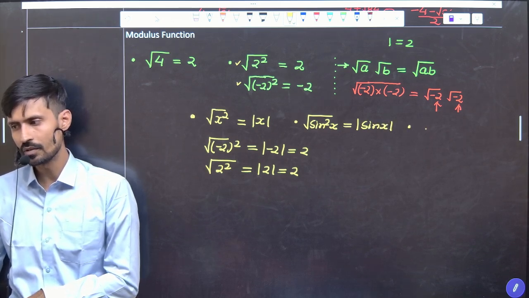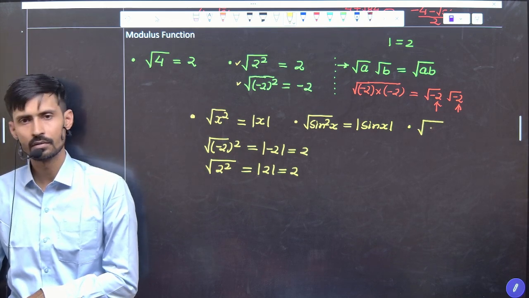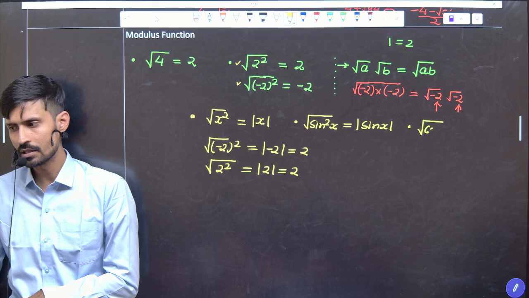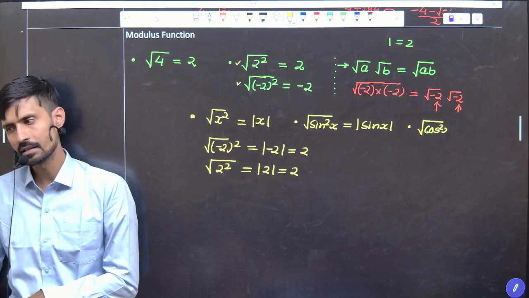If I ask you the square root of cos squared x, that will be mod cos x.